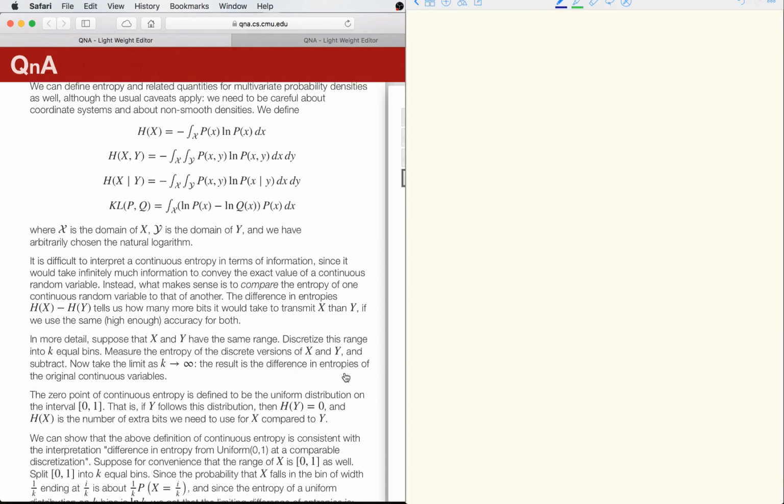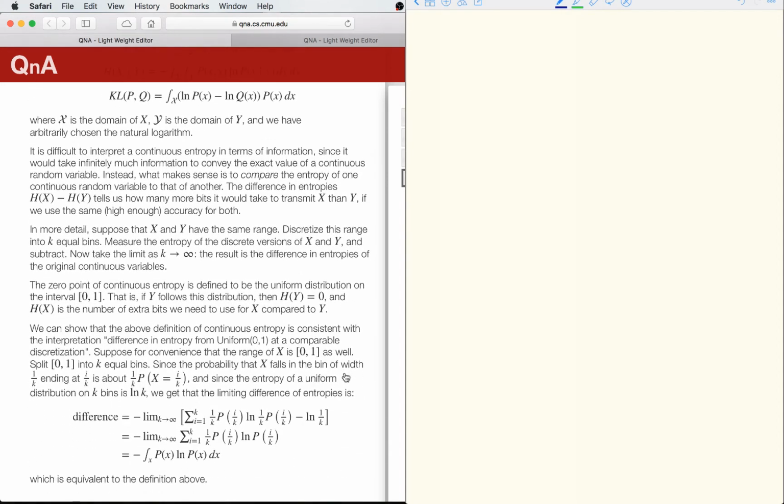So maybe appealing to the discrete version makes it a little bit easier to understand what's going on. Suppose that x and y are both defined on the unit interval. And we discretize the unit interval into k equal bins, where k is some large number, 1,000,000 or 1,000,000,000. And so the discrete version of x will have some entropy, and that entropy will correspond to a number of bits. Same thing with the discrete version of y.